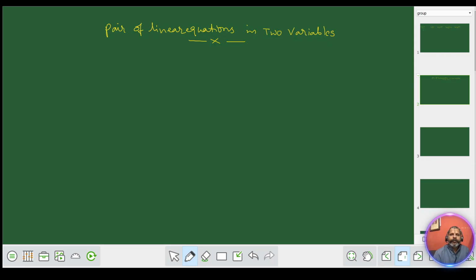Hello students, in this class we will see pair of linear equations in two variables, concepts and its introduction. Let's see what we mean by a linear equation in one variable.